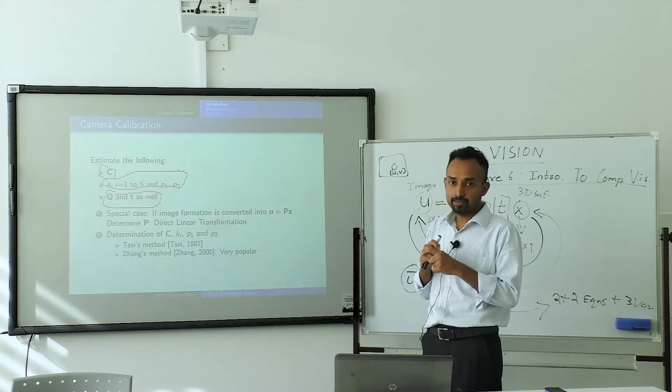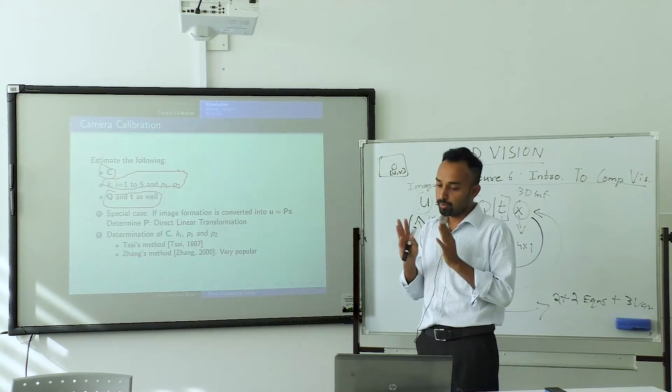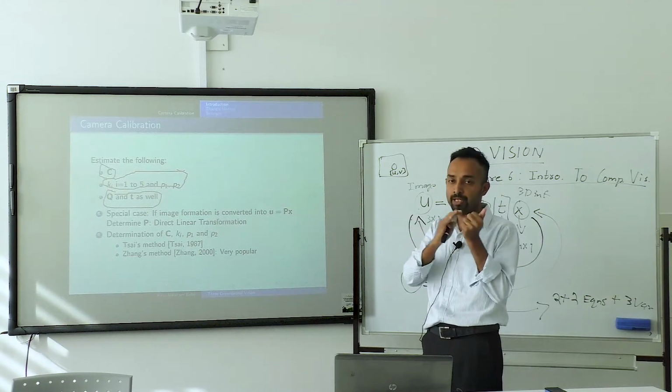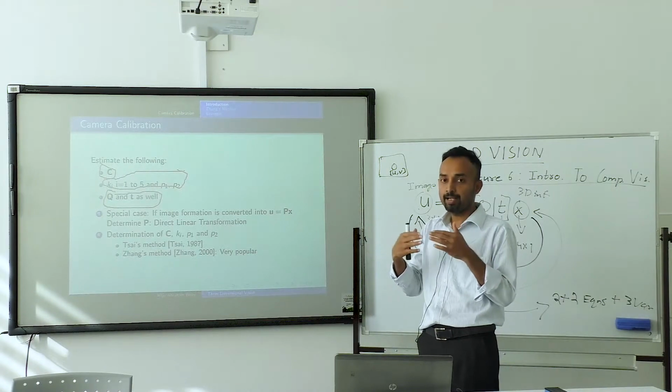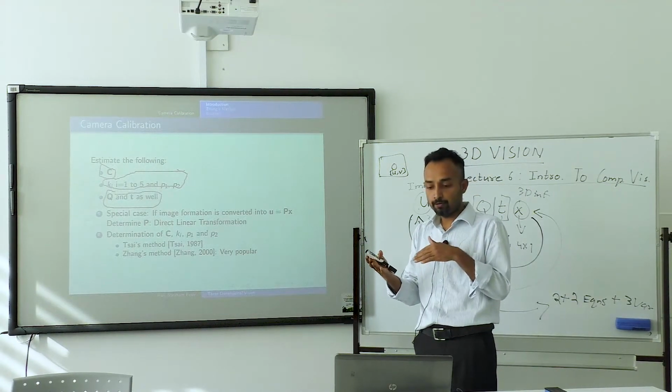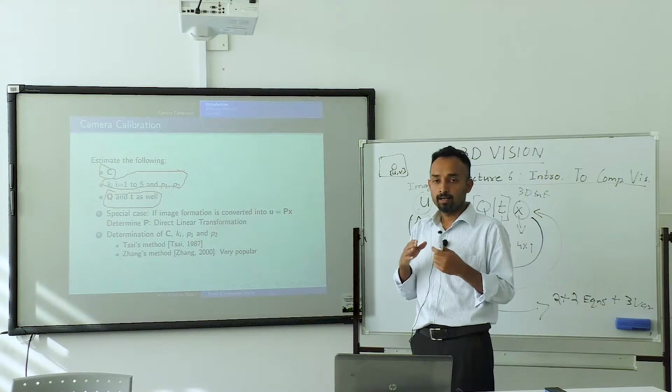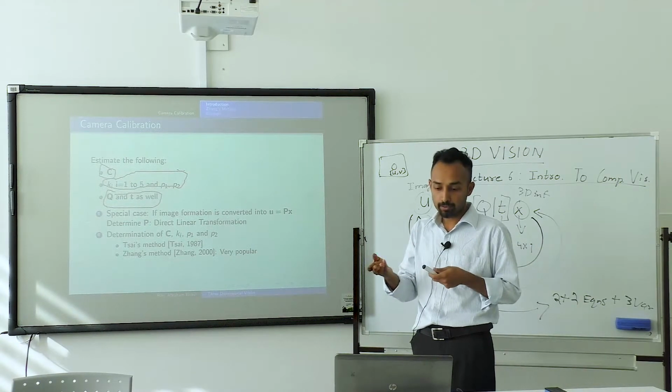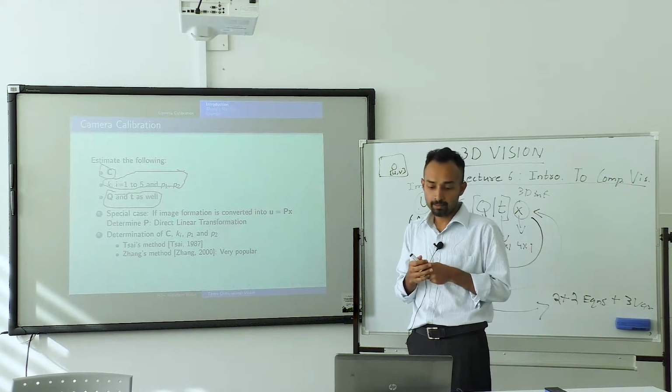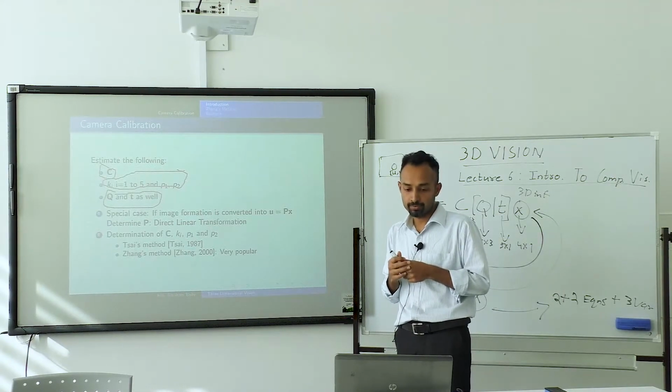In a special case, if you fuse this information of C and T together, it can be another matrix P, and if you want to estimate it, there is a different method of doing that, which is called direct linear transformation.